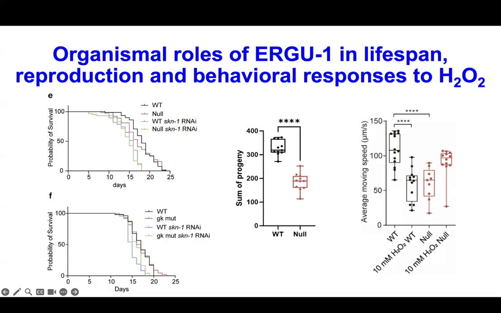In the wild type, they show this characteristic robust slowing response. But in the mutant, they have a lower locomotion rate in the first place and a slightly increased locomotion speed upon H2O2 exposure, perhaps reflecting an adaptation to a constitutive oxidative stress response in this mutant.